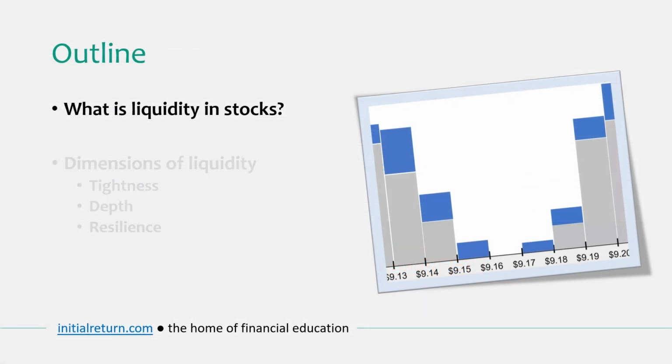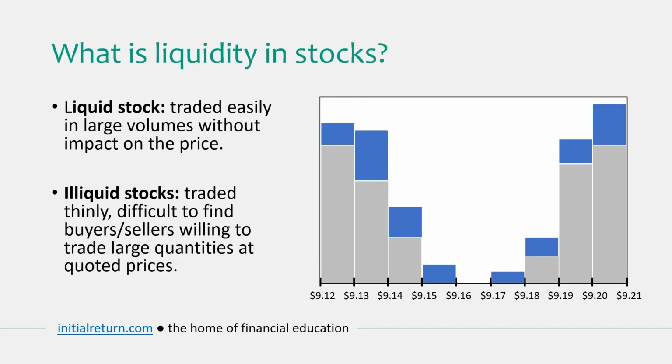Okay, let's begin with discussing liquidity in the context of stocks. I will first make a distinction between liquid stocks versus illiquid ones. Liquid stocks can be easily traded in large volumes and without having a significant impact on the price.